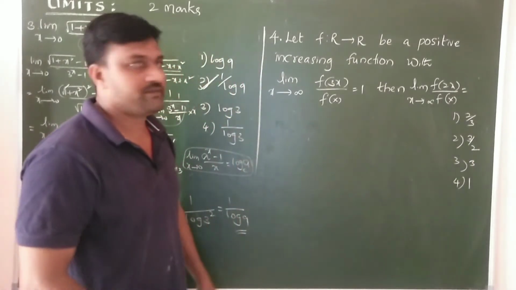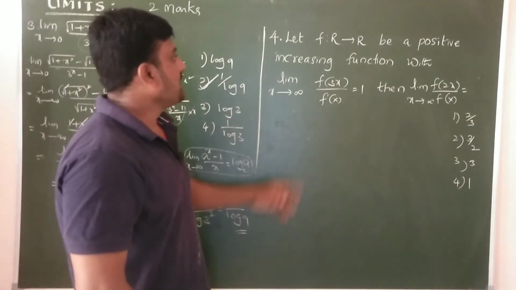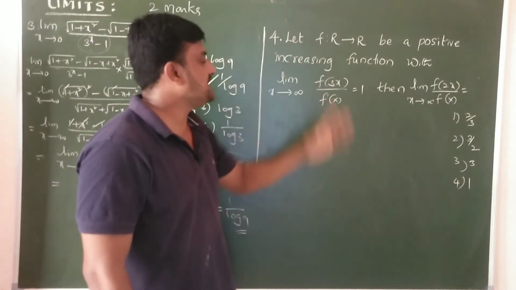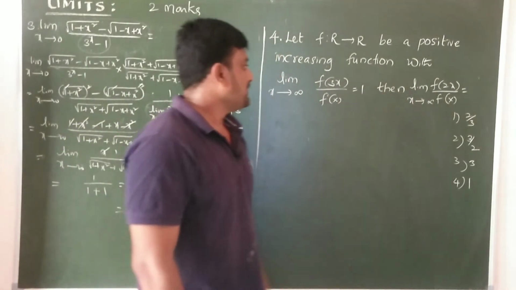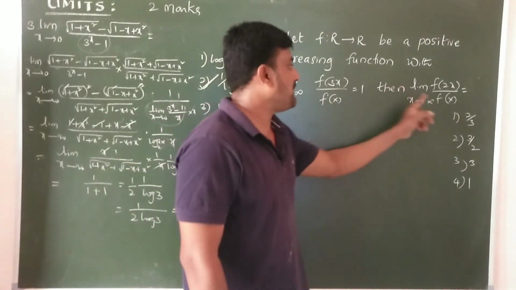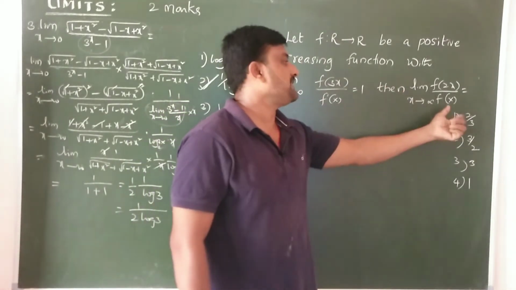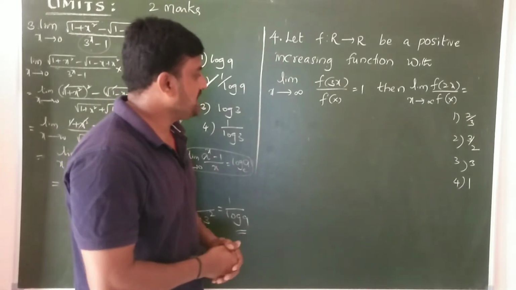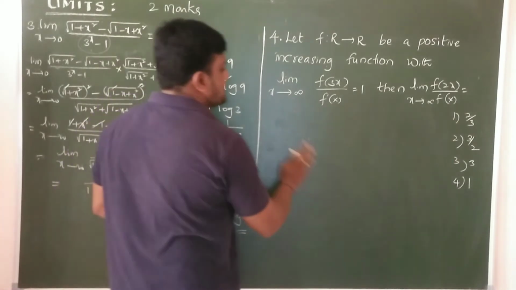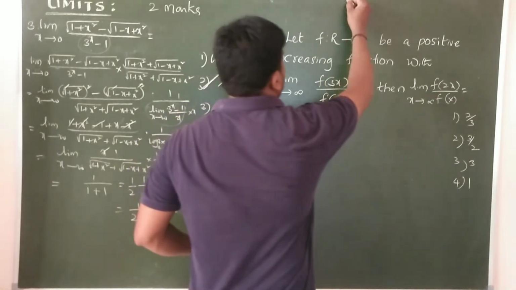It is a different type of problem. Here f is an increasing function and two functions are given, with the common function f(x). Problems like these can be done using the sandwich theorem.